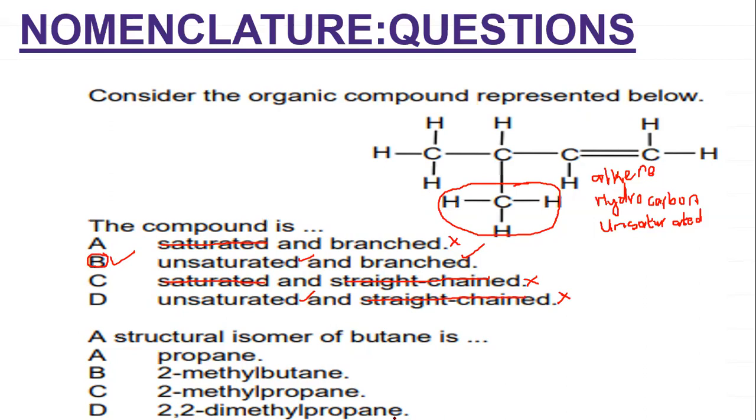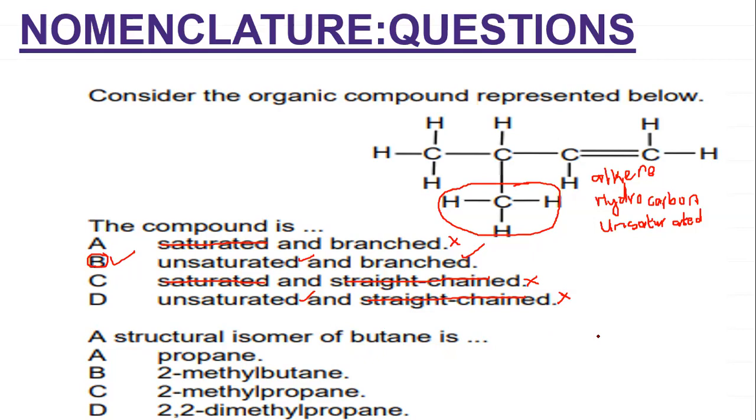Then they ask us, a structural isomer of butane is, then they give us all those options. Remember now, if we deal with isomers, isomers or structural isomers are organic molecules with the same molecular formula but different structural formulae.